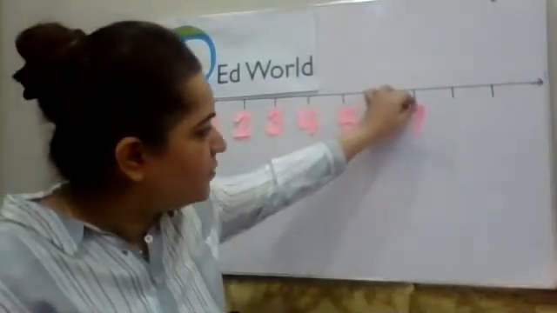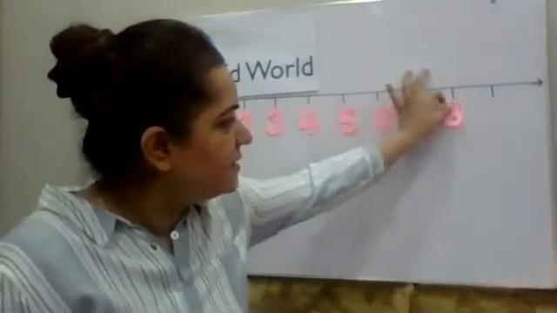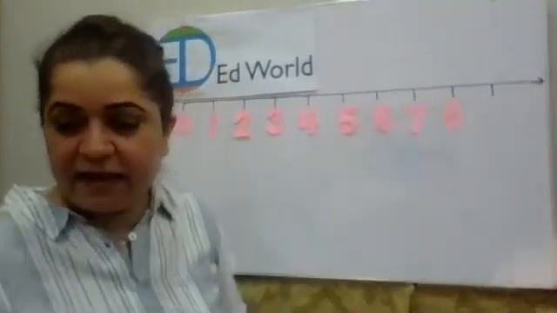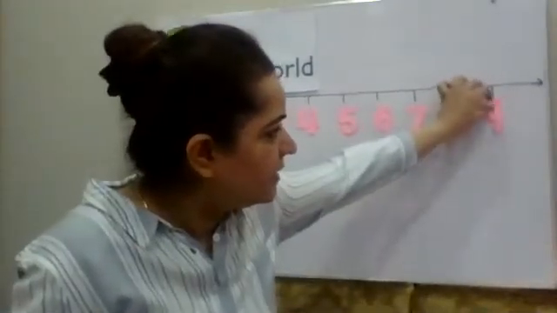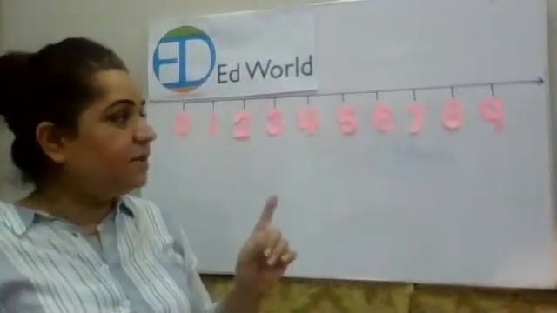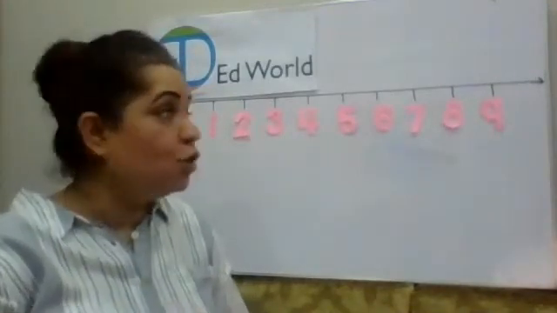Yes, number 7. Then 8 and 9, right? So we're going to do till 9, but you can see that the arrow is still going.